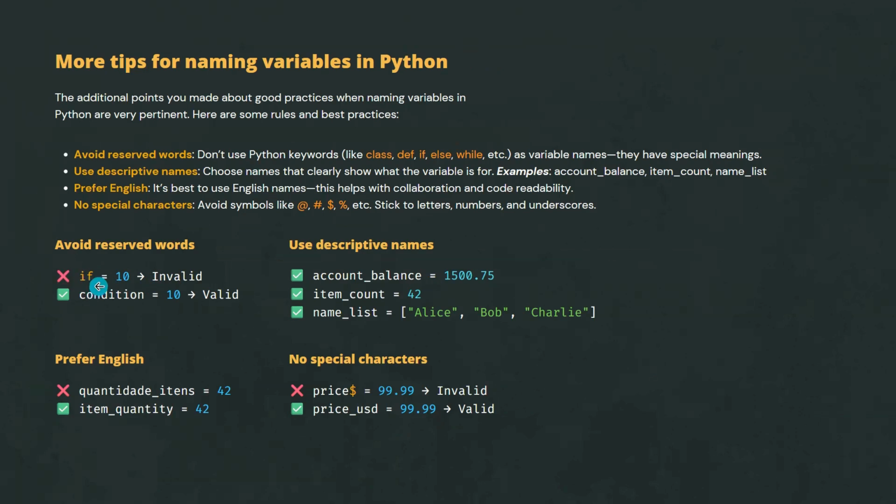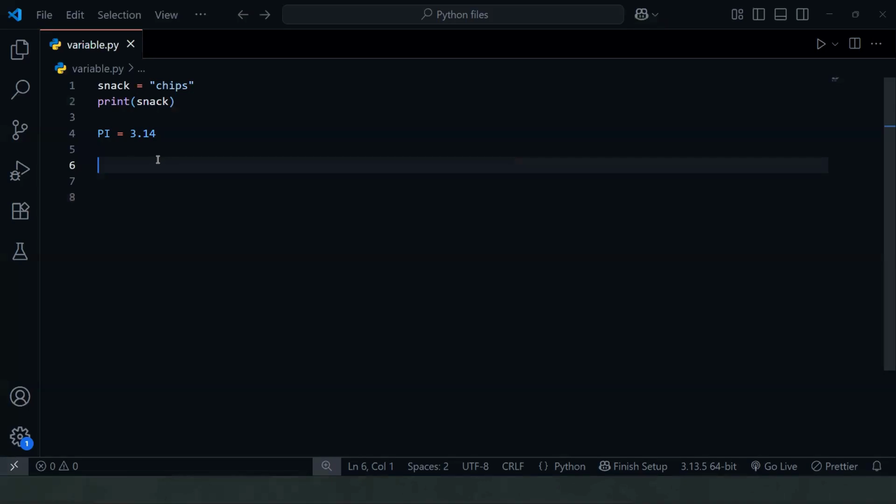So here is a quick example. Even before running, it is saying there is something wrong here, right? It is expecting me to put something else here, but we are assigning a variable and it is not understanding what's going on. So always keep in mind, never use reserved words.